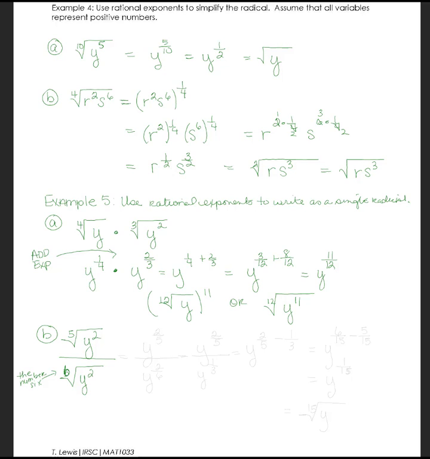All right, let's convert each of these to a rational exponent. Our numerator becomes what? Y to the 2/5. Yes. Our denominator becomes y to the 2 over 6.